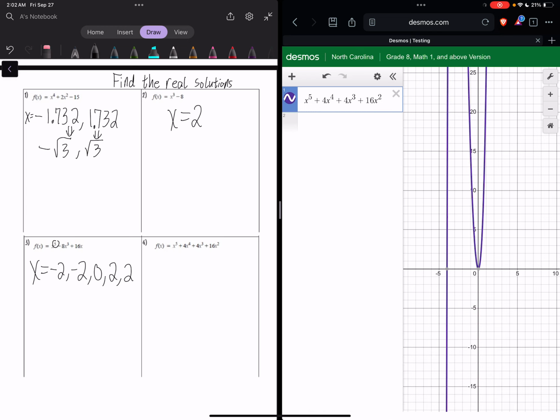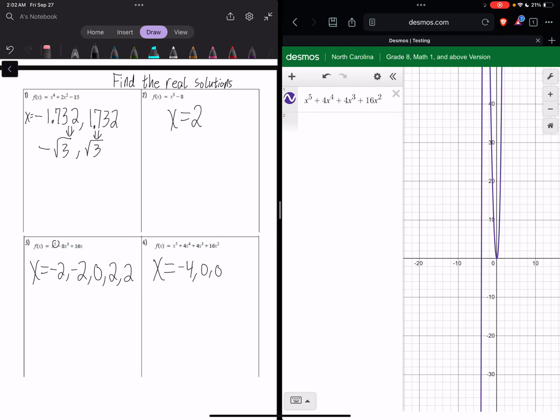Okay, this one has 5 solutions total, and it's going to have 3 real solutions. X is equal to -4, and then 0 twice. Okay, we're done for the day.